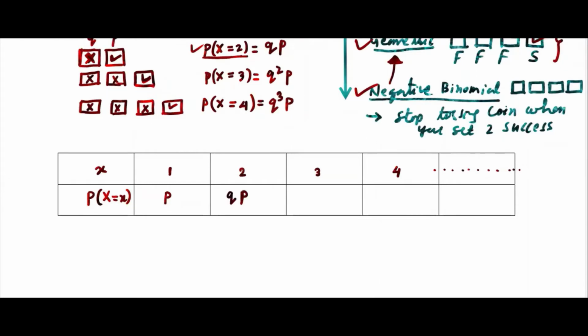I'm not saying this will happen, that's why there is a probability. 3 means you get success in the 3rd trial, okay. Then Q cube P, it will continue.